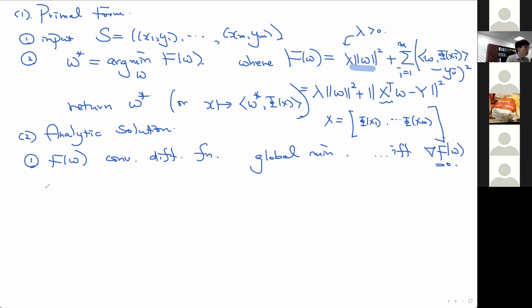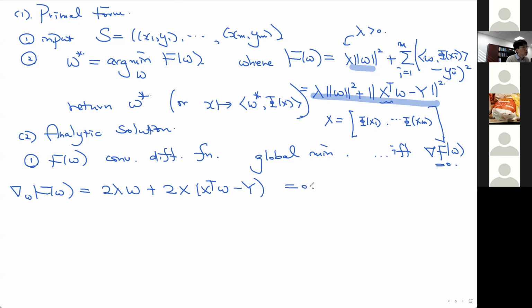So we compute the derivative: we have 2 lambda w plus the derivative in this matrix form, so we get 2 times x transpose (x w minus y). And we want to say this is equal to 0.